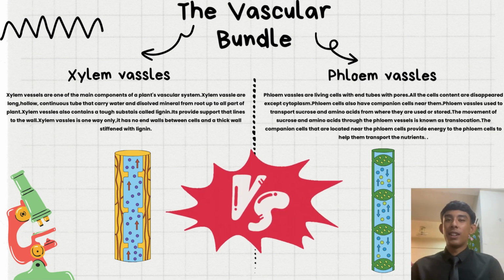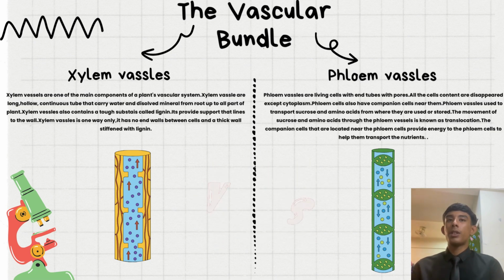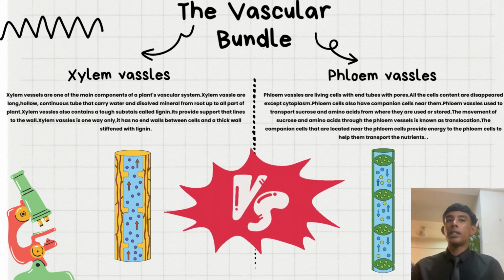Phloem vessels. Phloem vessels are living cells with end tubes with pores. All the cell contents disappear except the cytoplasm. Phloem cells also have companion cells near them. Phloem vessels are used to transport sucrose and amino acids from where they are made to where they are used or stored.